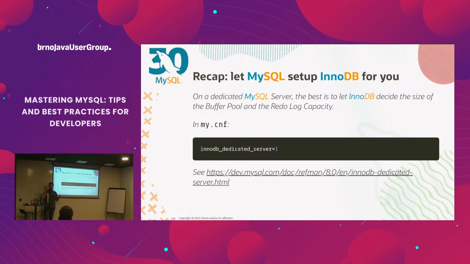It will check the memory you have, it will check the CPUs you have, and it will configure MySQL automatically for the best usage. Maybe you still need to tune something later, but at least this is the best way to start. Not using the default, but using what is best for your machine.